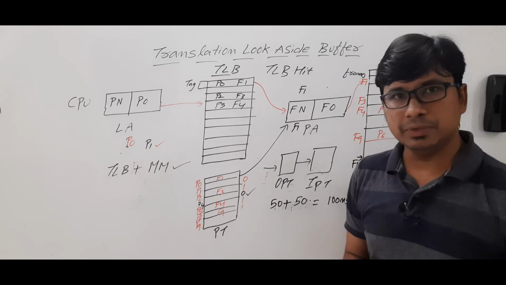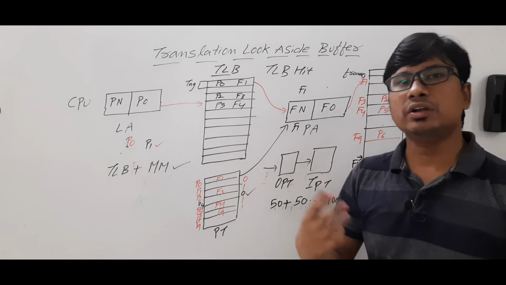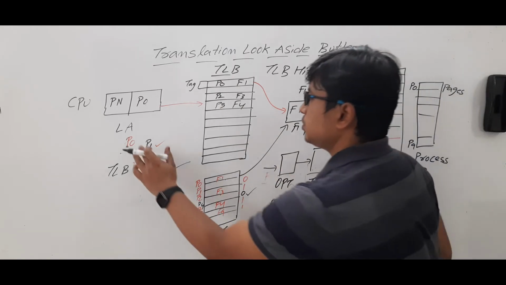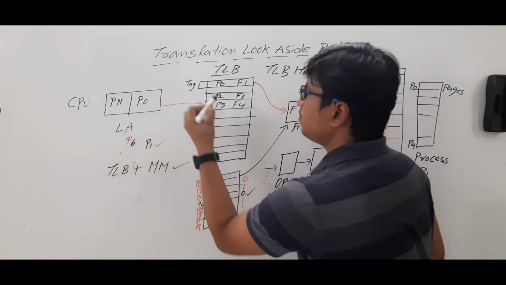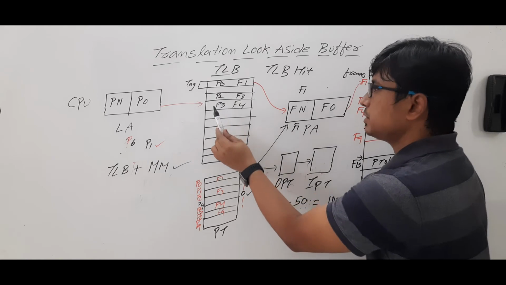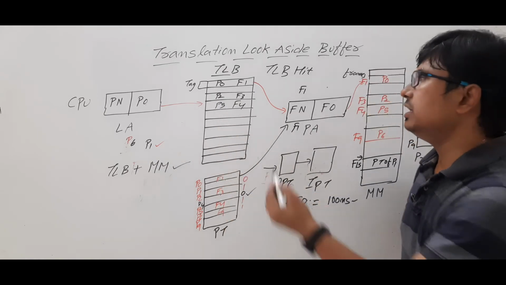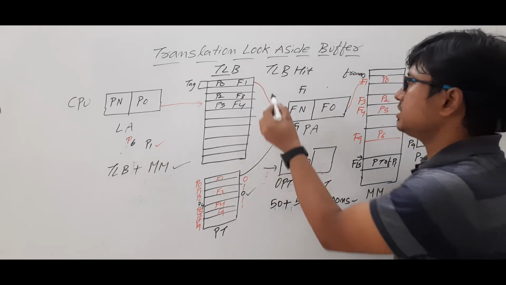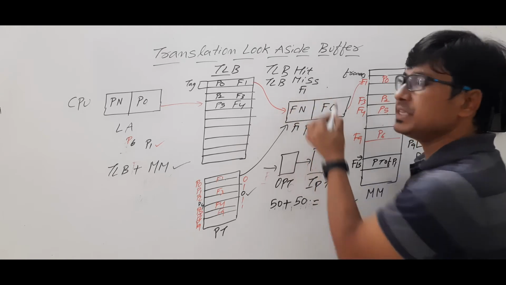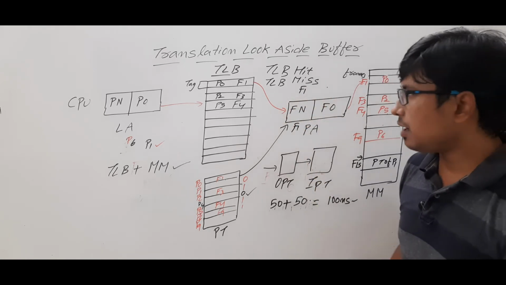Now if it is a miss, meaning that whatever the CPU is searching, that information is not available in the TLB. Let's consider that the CPU is searching page number 6. Now page number 0 is there in the TLB, page number 2 is there, page number 5 is there. So page number 6 is not available. If the information about page number 6 is not available, then we will call it a TLB miss. If a TLB miss happens, then what will happen?